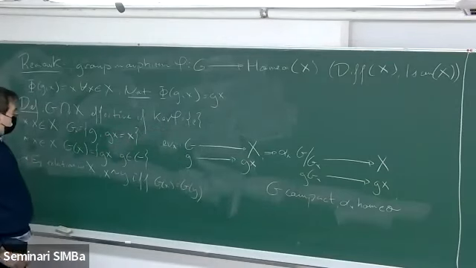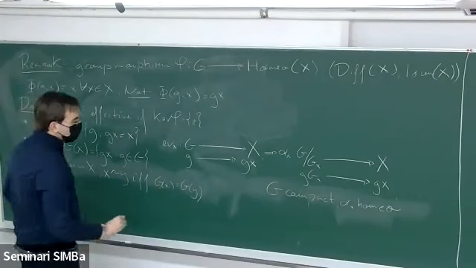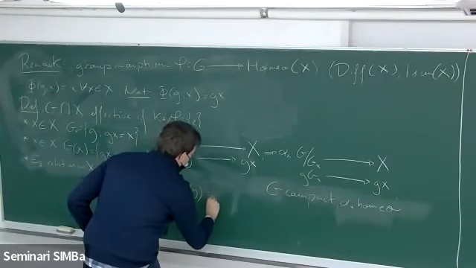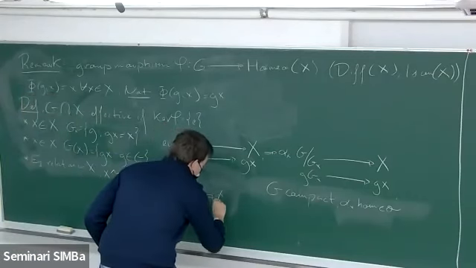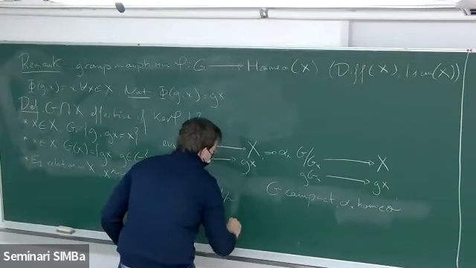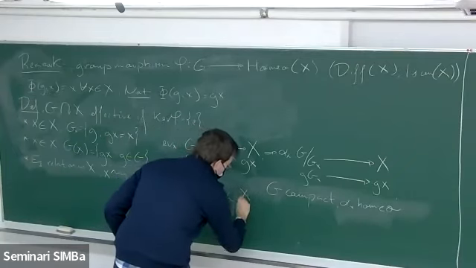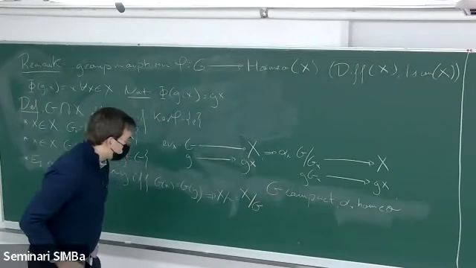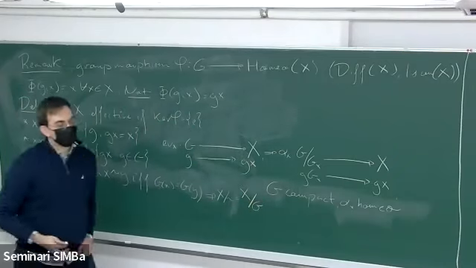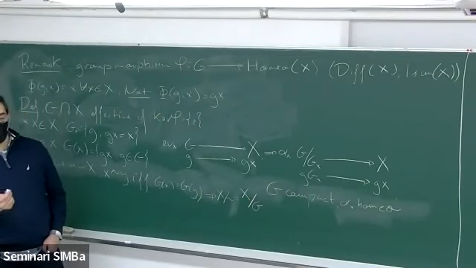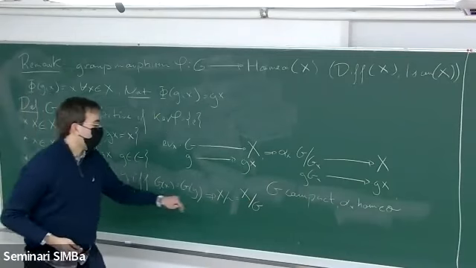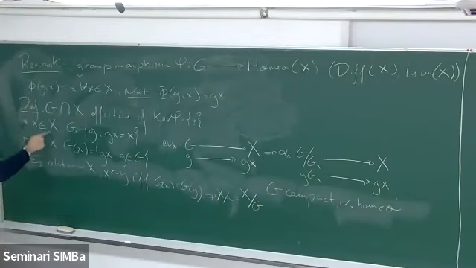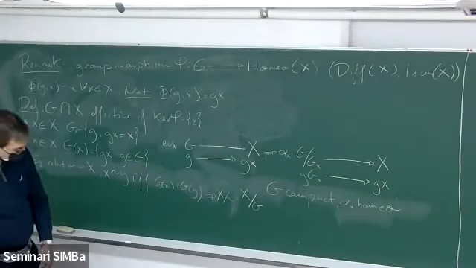So with this equivalence, we have the quotient space that is usually denoted by this. So this space is the space of our orbits. A point here represents an orbit in the space X.